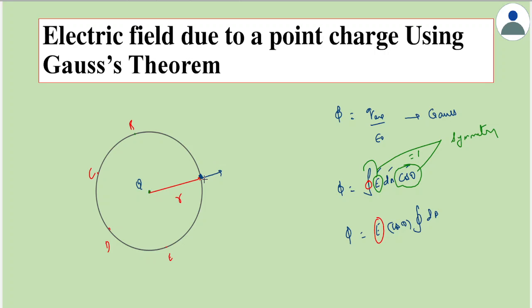So for the small area on the sphere, the area vector would be normal to that sphere. And also we have learned that for a point charge, electric field always goes out radially. So from this point, electric field goes out radially.